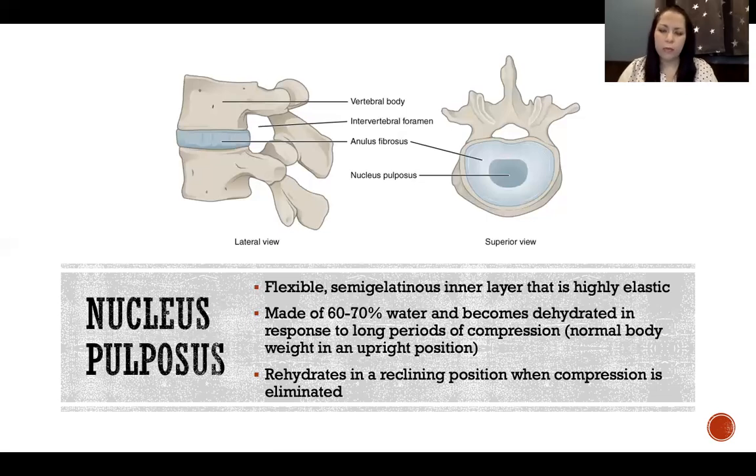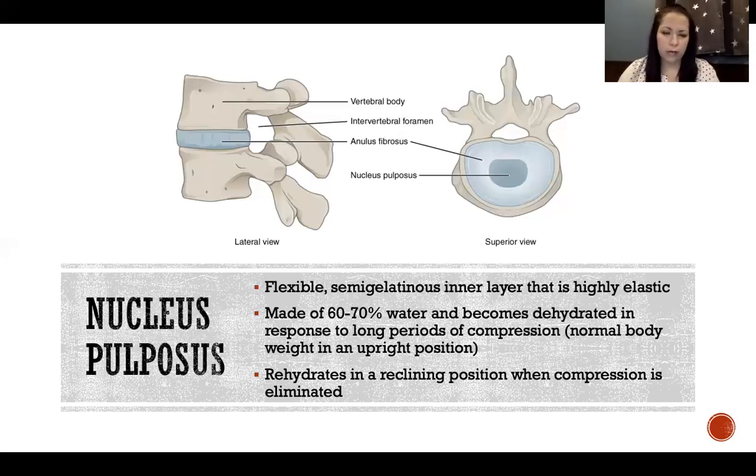Now you're removing that axial loading, that compressive stress, and allowing the tissue to return back to its original shape because it's elastic. So even though we've deformed it, it will return back to its original shape. So it will rehydrate and the fluid will go back in.